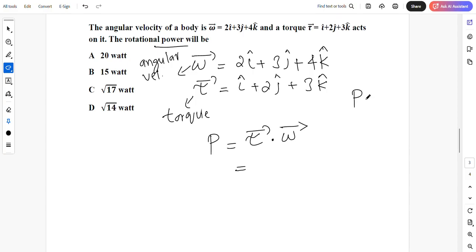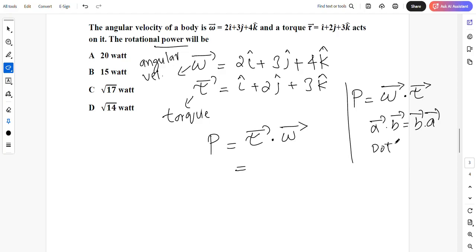You can write this like this also: omega vector dot tau vector. It is one and the same, because you know that vector A dot vector B is equal to vector B dot vector A, because the dot product is commutative. Either way you can write.